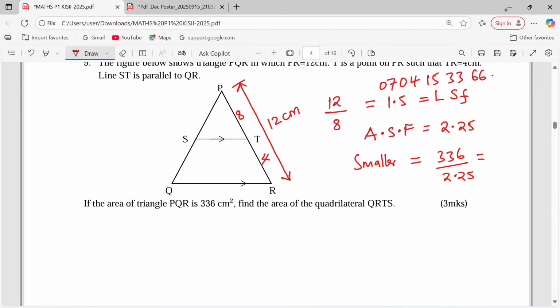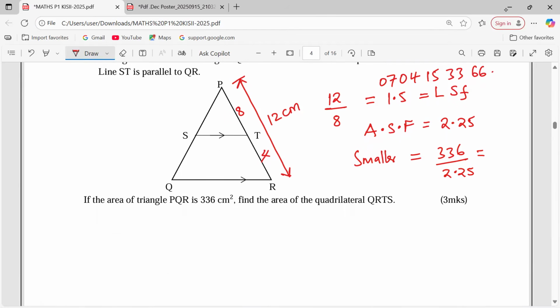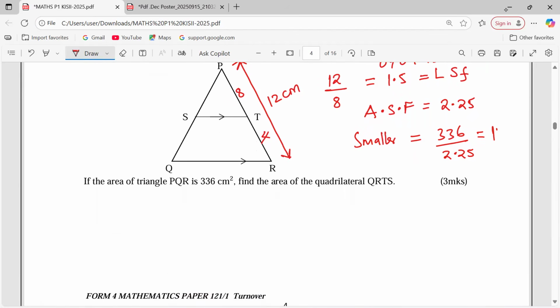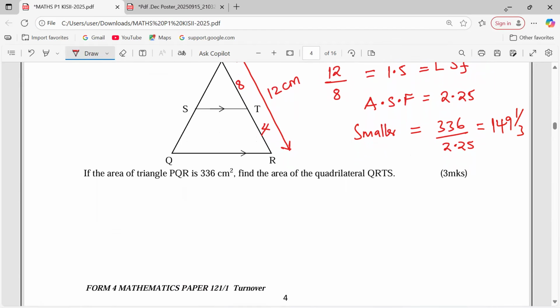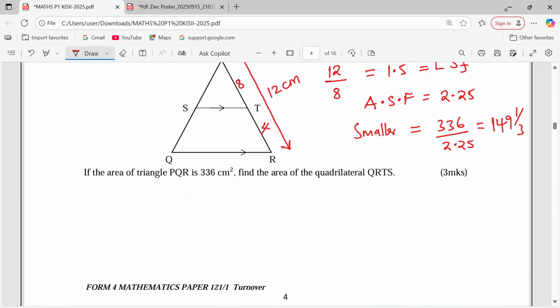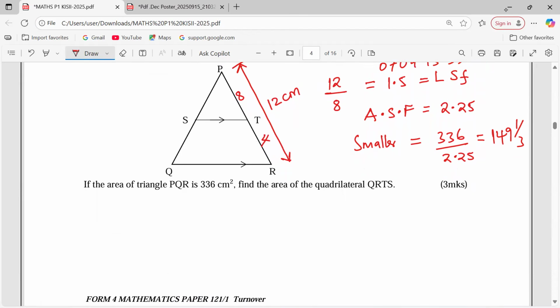If we had the area of the smaller, for us to get the area of the bigger, we would have multiplied. But now that we want the area of the smaller, we divide by the scale factor. 336 divided by this, we get 149 and a third square centimeters. With these, ladies and gentlemen, we can now talk about the quadrilateral.